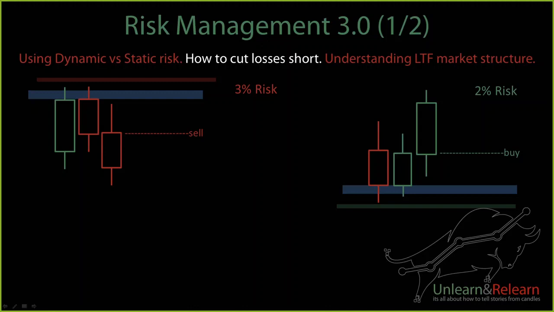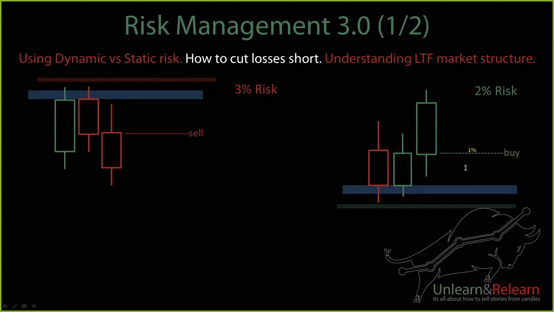But as you go along, as you start taking more trades, as you start understanding more of the risk dynamics, you start to realize that instead of using 2%, I might want to open 1%. I might want to open 1% risk right over here, because if price retraces, or something happens that price just goes down and it hits my stop loss, I want to lose 1%. I don't want to lose 2%.